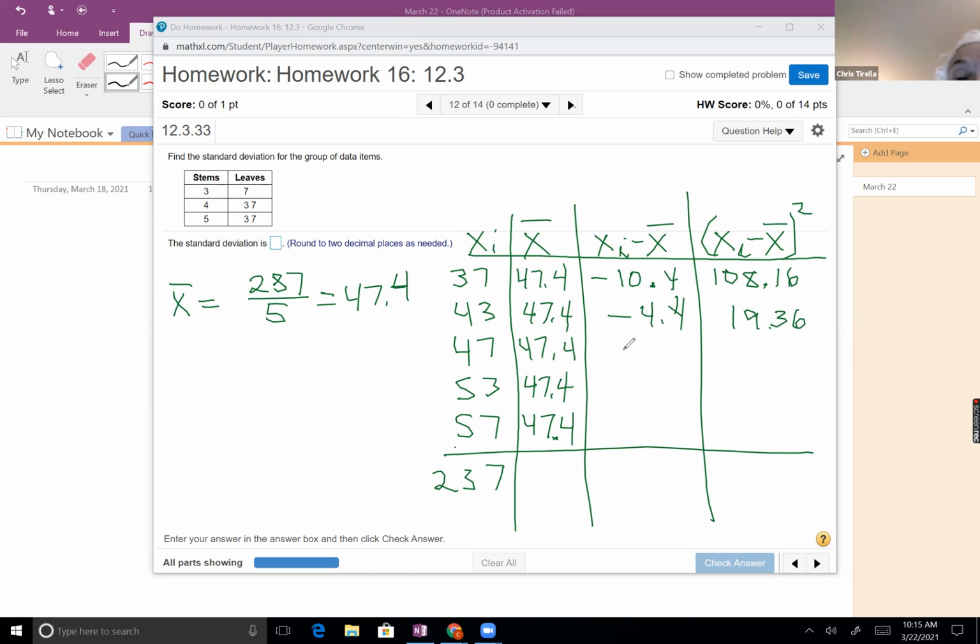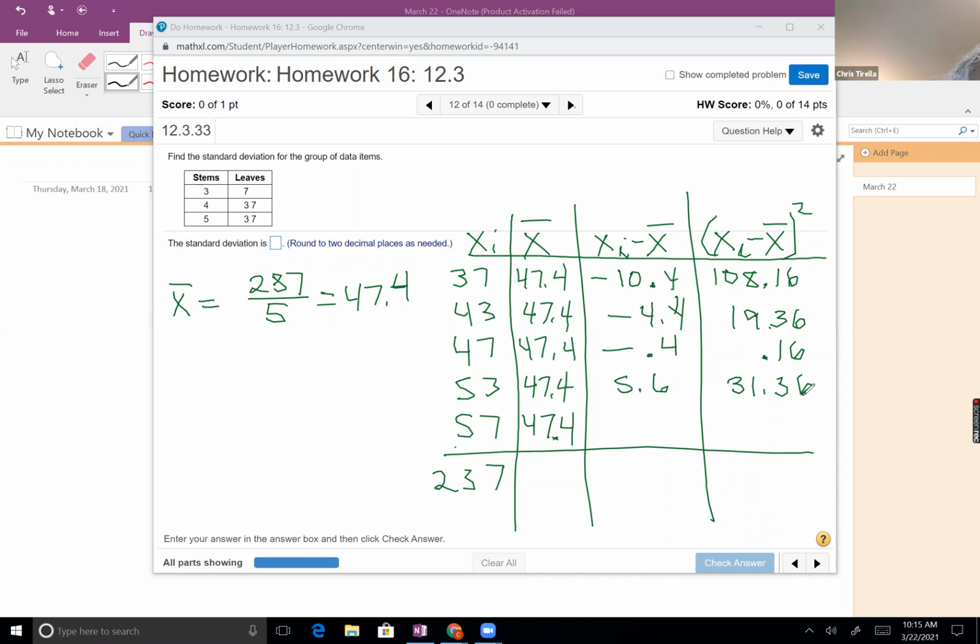47 minus 47.4 is going to give me negative 0.4. When I square that, I'll get 0.16. 53 minus 47.4 is going to give me 5.6. When I square that, I'll get 31.36.